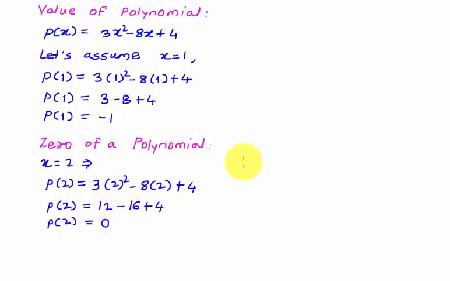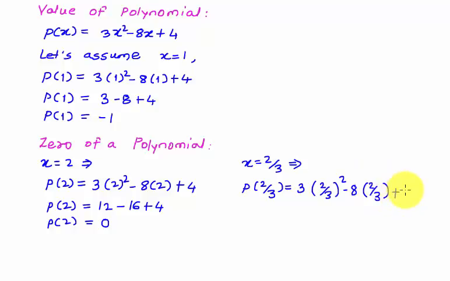Now let's assume the value of x as 2 by 3. So the value of the polynomial at 2 by 3 is equal to 3 into x square, that means (2 by 3) square, minus 8 into 2 by 3, plus 4.